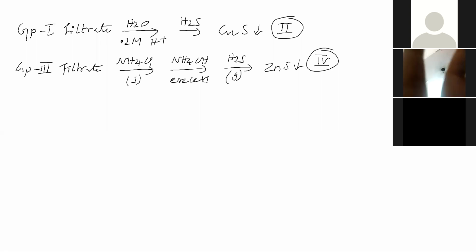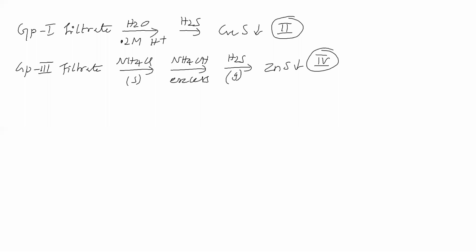Group 4 cation precipitates as sulfide, group 2 cation also precipitates as sulfide. Why is group 4 not precipitating in group 2? You are saying that we are using different reagents.